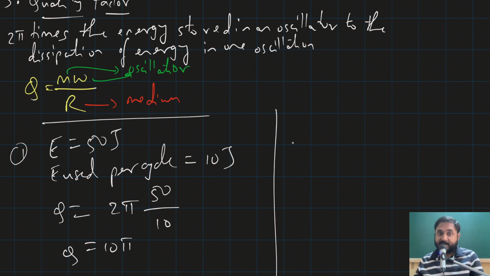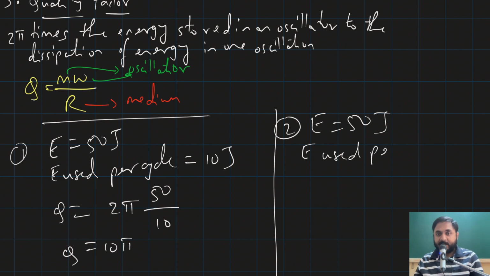This is the first case. Second case, suppose the energy stored is still 50 joules, but now the energy used per cycle is 25 joules.